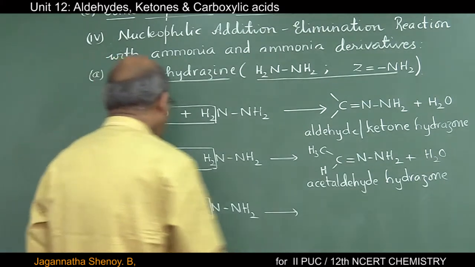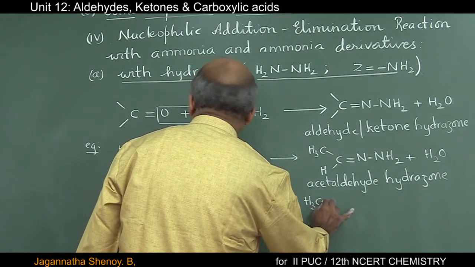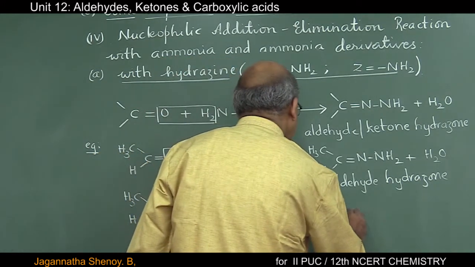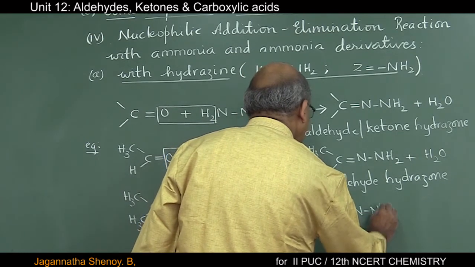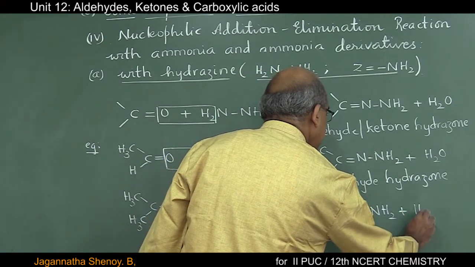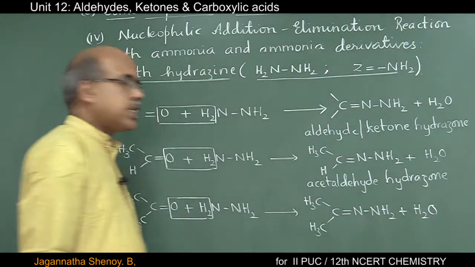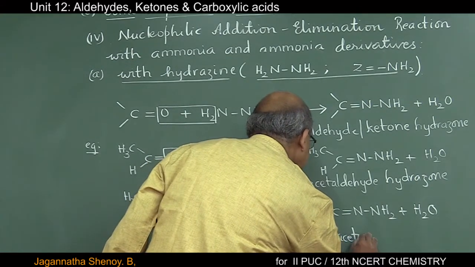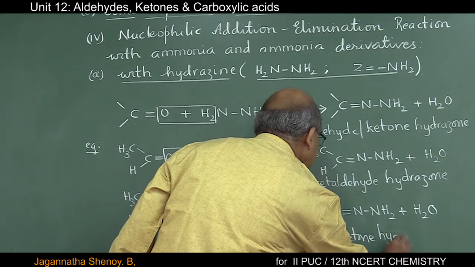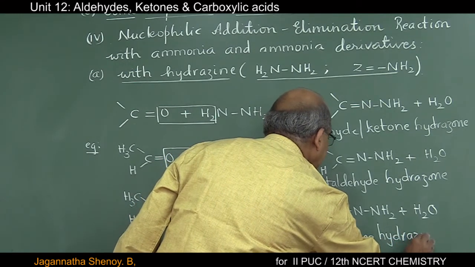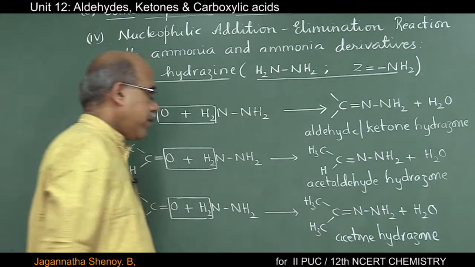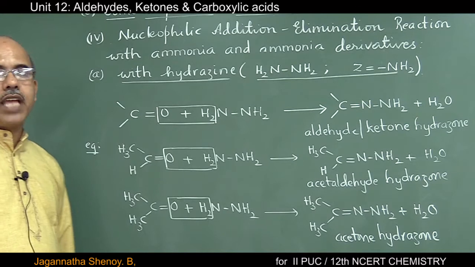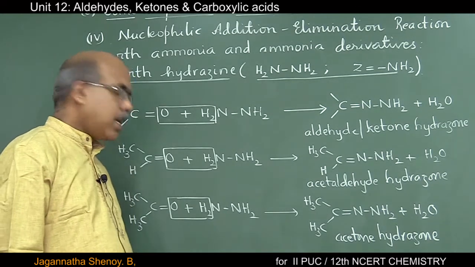The product formed will be CH3C double bond N single bond NH2 with CH3, plus H2O. So what is the name of the product? It has to be acetone hydrazone. So finally, I can say that whenever a carbonyl compound is treated with hydrazine, the product obtained is hydrazone.